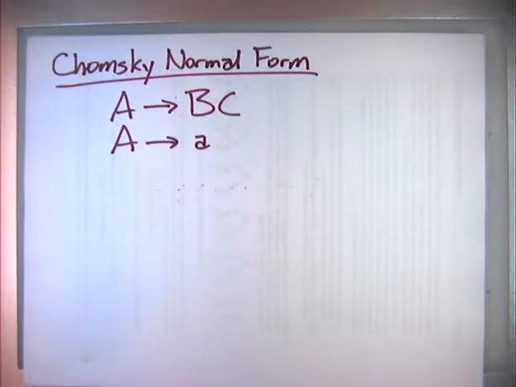Every production rule is either non-terminal goes to 2 non-terminals, not 1, not 3, not 17, but 2, or non-terminal goes to exactly 1 symbol in the actual alphabet. Not 0, not 2, not 17, 1.